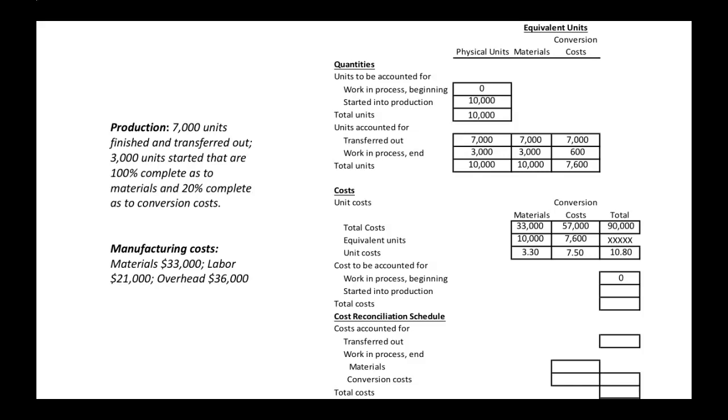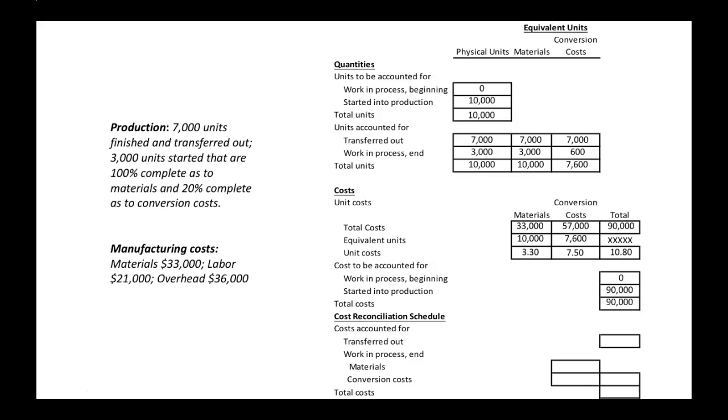Your started into production, well, those were all of the manufacturing costs that we incurred throughout this time. So we had materials of 33, labor of 21, and overhead of 36. You add those together and you get 90,000. So 0 plus 90,000 equals $90,000.